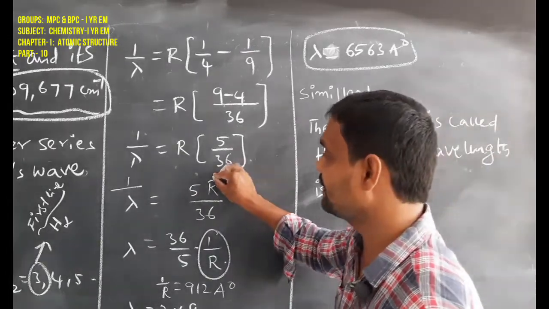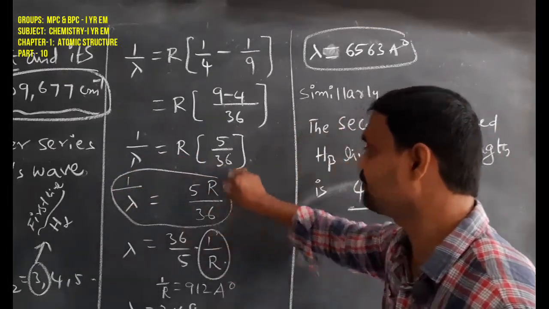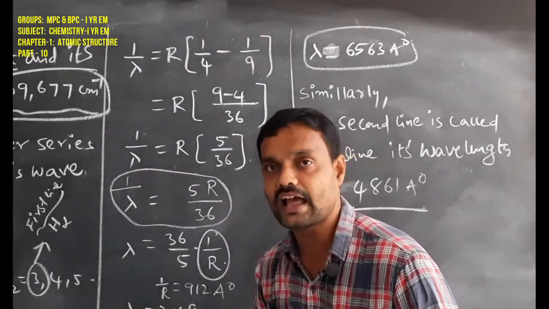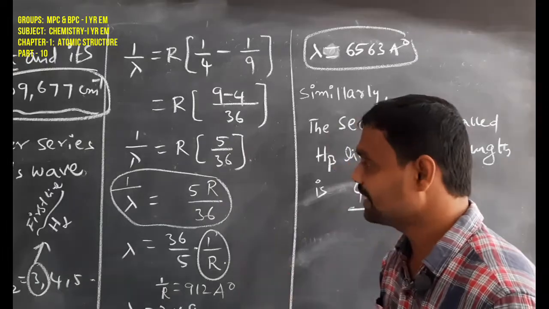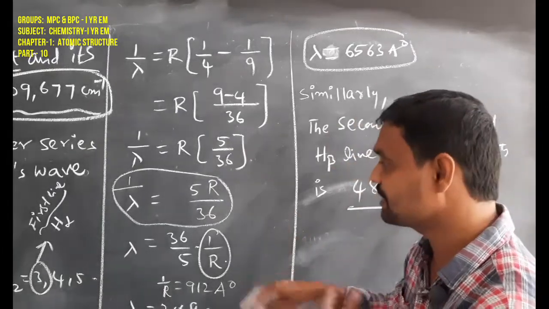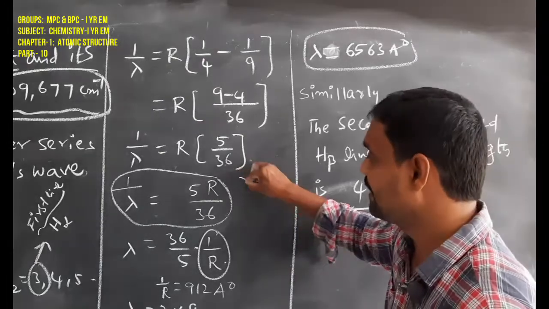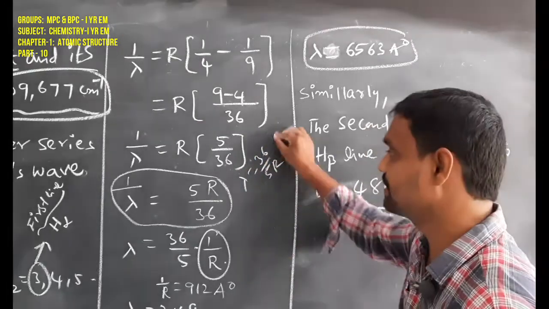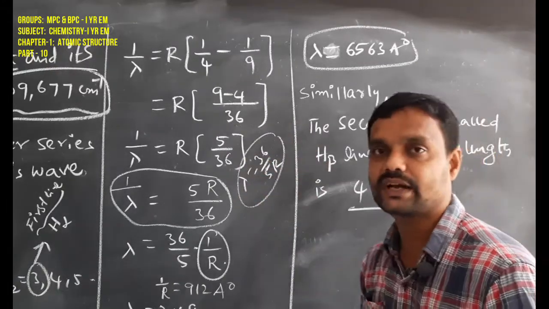Here this value is 1 by lambda, but we require lambda. So how do we get lambda? Reverse the value. That means lambda equals 36 by 5R.